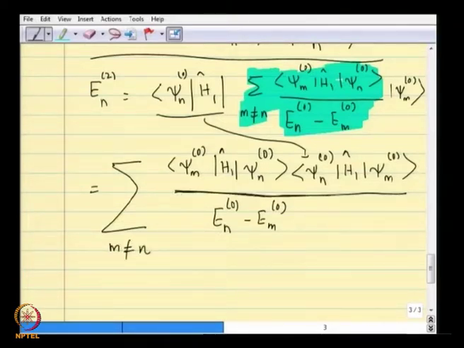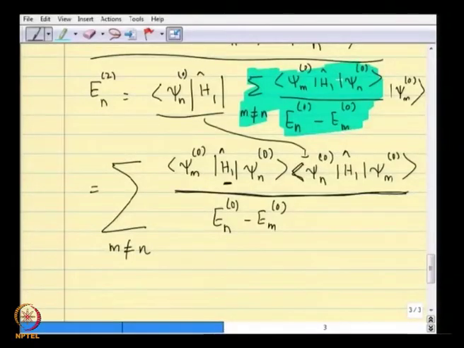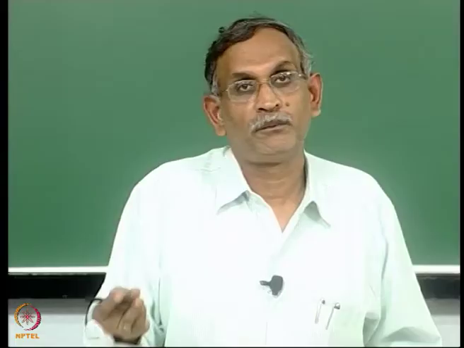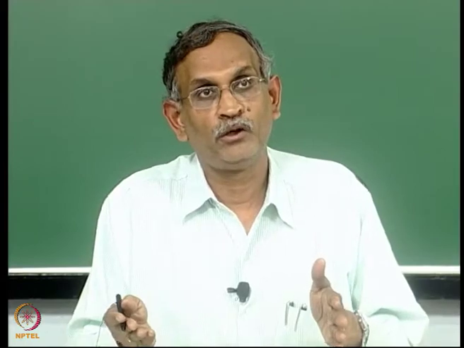You have two Hamiltonian matrix elements, perturbation H1 matrix elements, psi m0 H1 psi n0 and psi n0 H1 psi m0, and if you know the Dirac bracket properties, this bracket is the complex conjugate of this bracket. Whatever is the value of this, the starred value is what you will get here, and therefore even more compactly we can write this. A number multiplied by its complex conjugate is nothing but the absolute square.